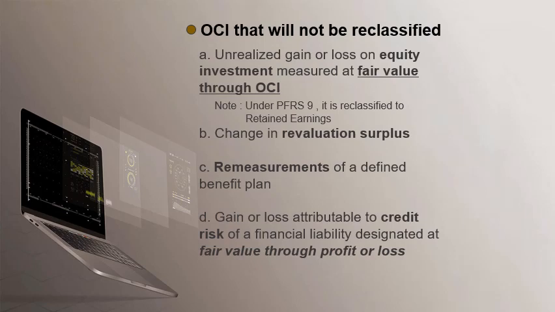So any gain or loss attributable to credit risk, the credit risk only, shall be presented in other comprehensive income. Though the financial liability itself is designated at FVTPL, if the gain or loss is attributable to credit risk, it does not go to profit or loss. It goes to OCI, other comprehensive income.